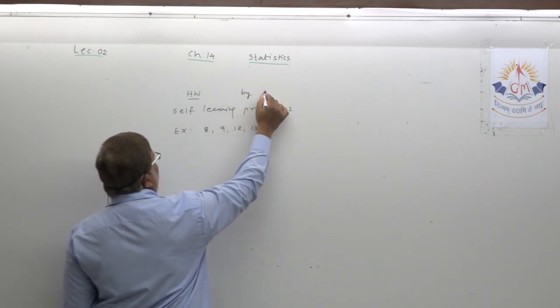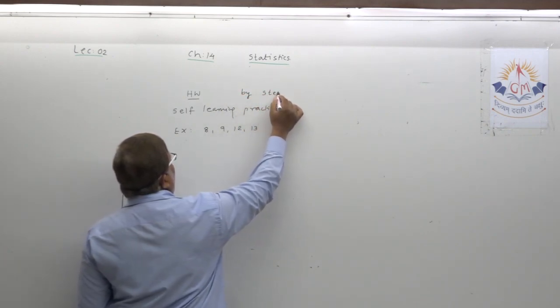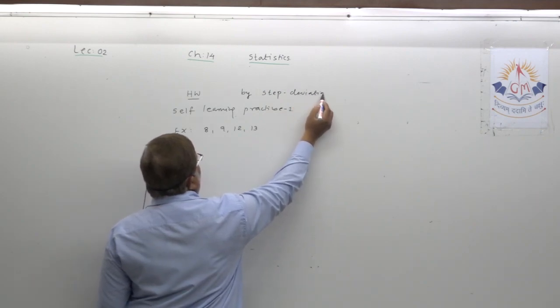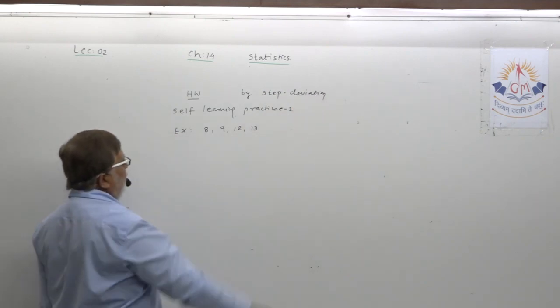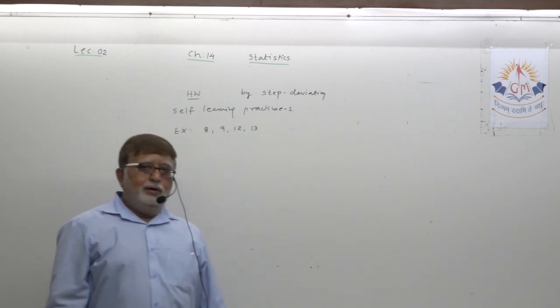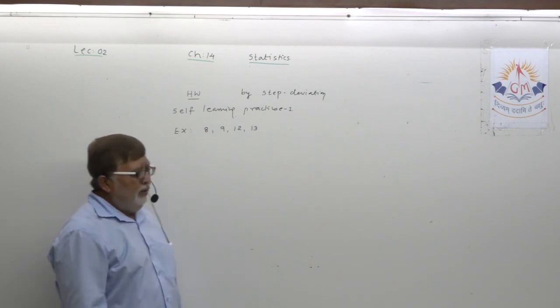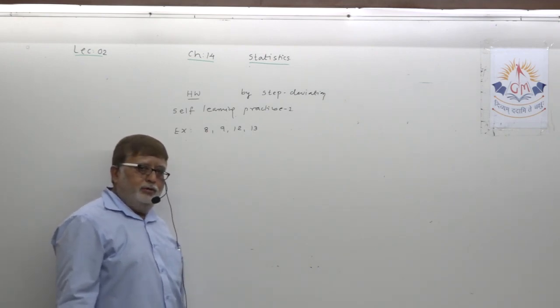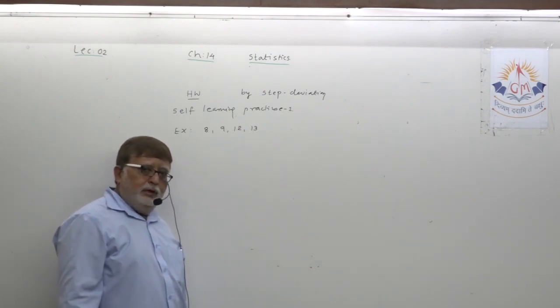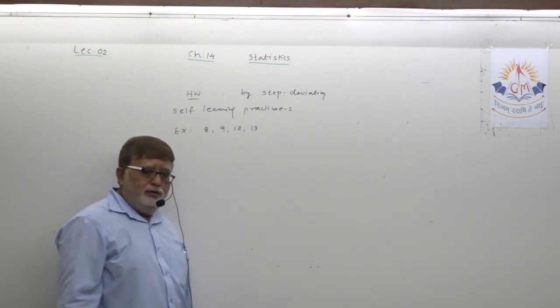You understood this? You have to solve by step deviation method only. These 4 examples which I have mentioned here are examples of continuous data, so you do not have to worry about any variation in the class length.